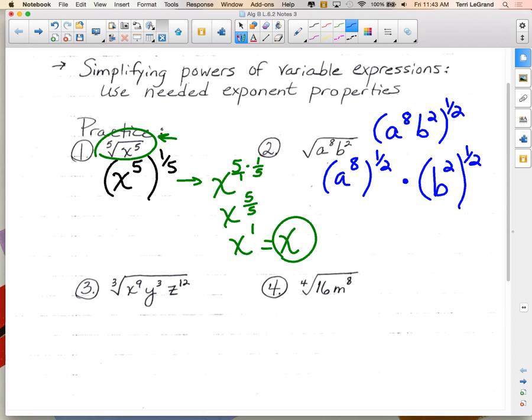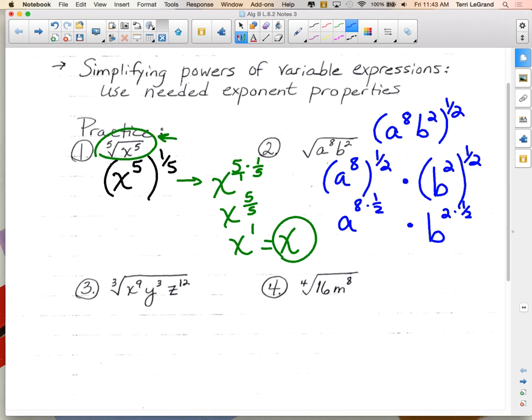And now we have a power to a power. What do you do? You multiply the exponents. Yep, I'm seeing Abby kind of mouth it, whisper it over there. And then same thing here, right? A power to a power. So we'll take our 2 and we'll multiply it times 1/2.